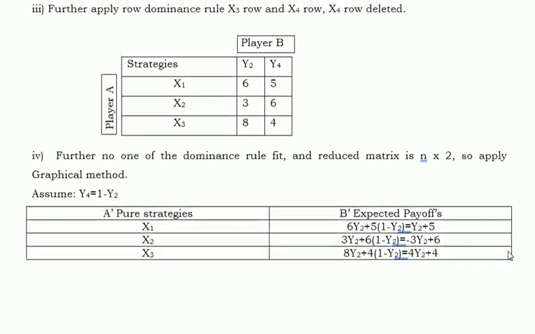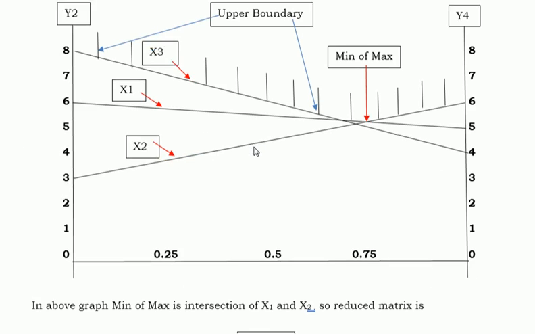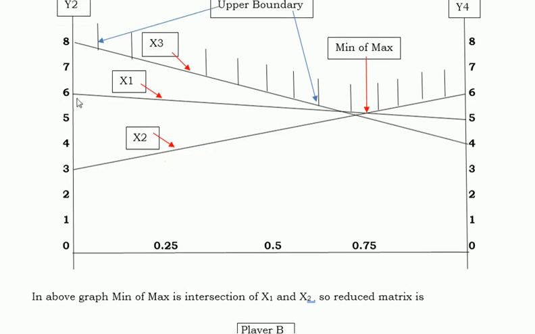In y2 the maximum positive value is 8 and in y4 the maximum positive value is 6. So the maximum of the y2 and y4 columns is positive 8. So take the positive side only, 8. Here 1 centimeter goes to 1 unit.